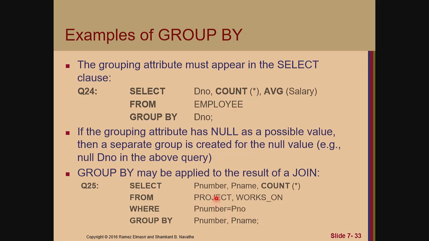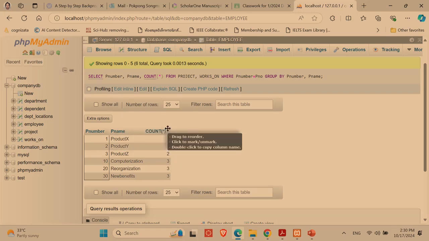Because in project we use P number and in works on we use P and O. Group by P number, P name. What is the result? Let's see. The name and the count of the people who work on them, right?